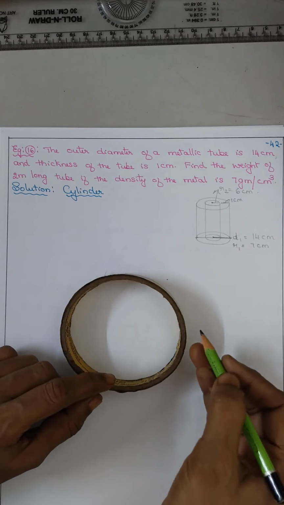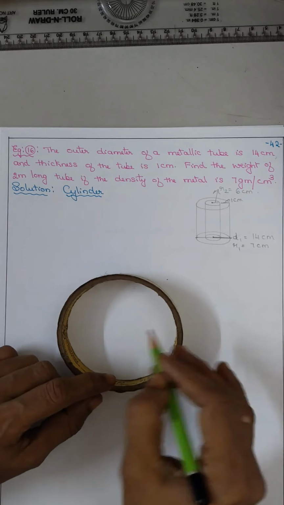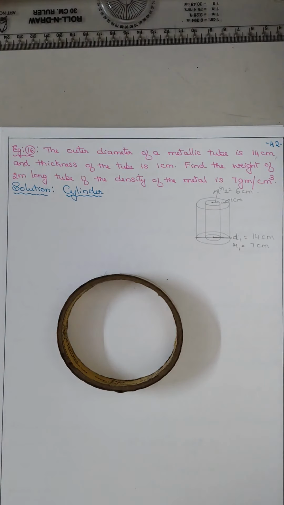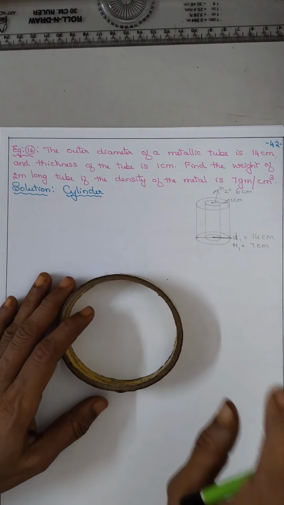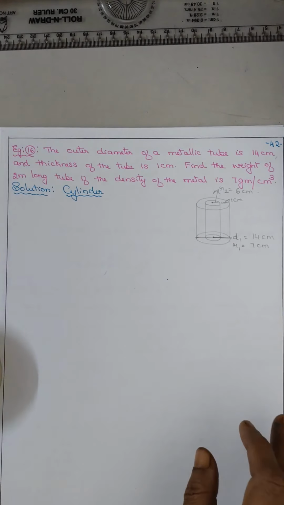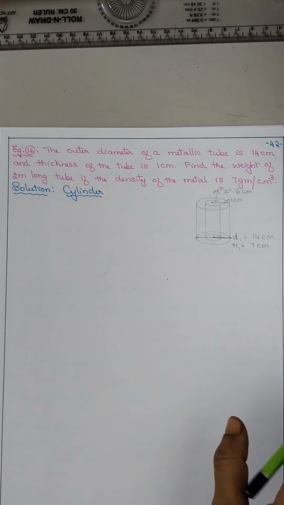Outer radius is 7, thickness is 1, so inner radius minus करने का है ना? So it will be 7 minus 1 is 6. So you got the outer radius, inner radius. Height is there. Now find out the volume of the full tube.